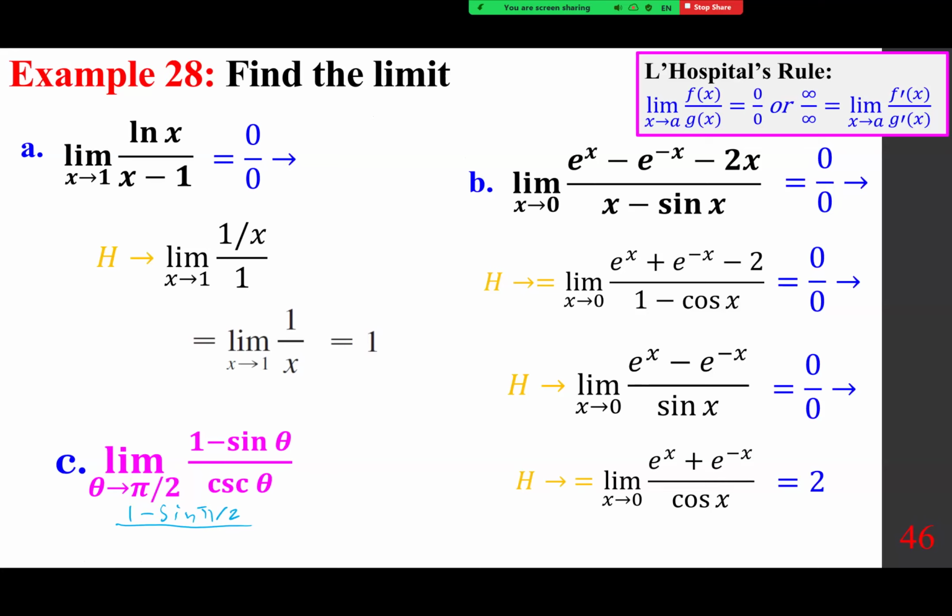I don't want to go with cosecant. I'm going to go with 1 over sine because I know the sine, okay? You know that sine of pi over 2 is 1. So the top is 1 minus 1 is 0, and the bottom is 1 over 1 is 1. So 0 over 1. Class, the numerator is 0. The denominator is 1. And it's done. The answer is 0. So please understand it's not indeterminate, okay?